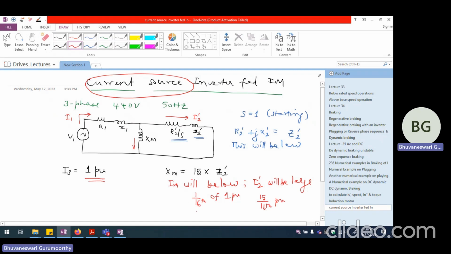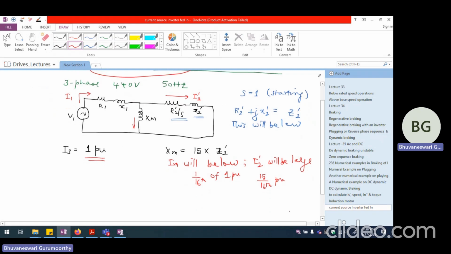So the magnetizing current being low will cause the flux to be really, really low. So in a CSI fed drive, we are going to have the magnetizing current low during starting. If that is low during starting, very clearly flux is going to be low.